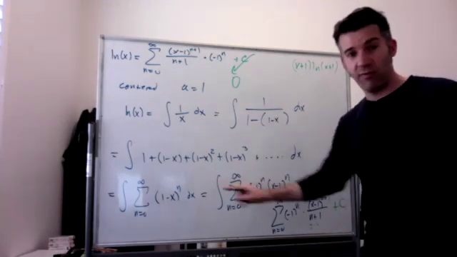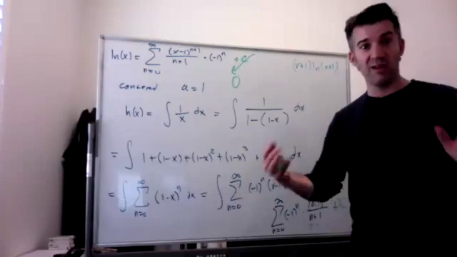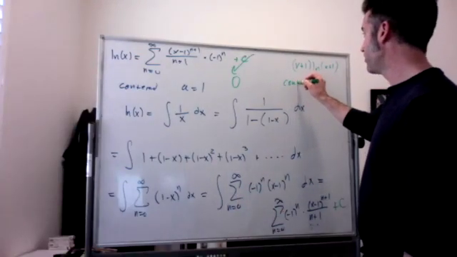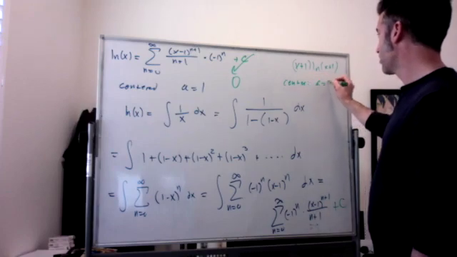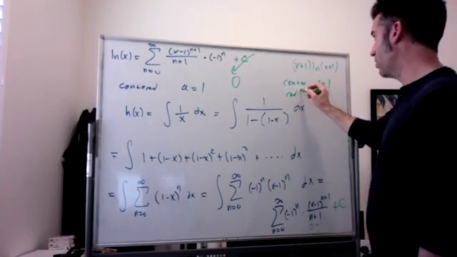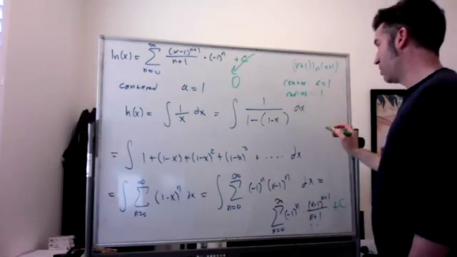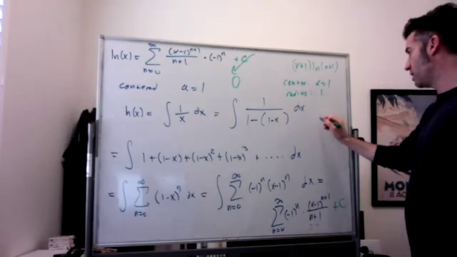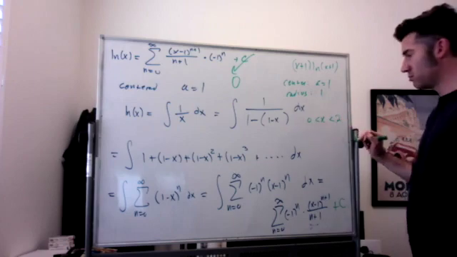And when you integrate or differentiate, that doesn't change the value of the radius. The only thing that does change is the endpoints. So our center is 1. Our radius is also 1. So our interval of convergence is x is between 0 and 2.